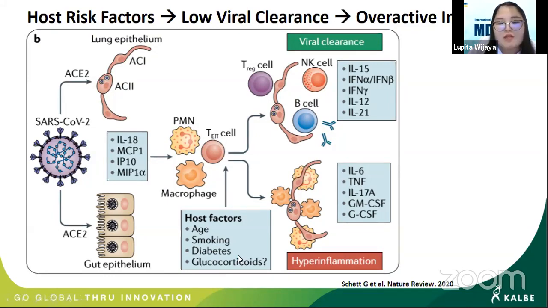And the last one is a patient who has a history of glucocorticoid use, which can make his or her immune system lower than normal people, and it will be a risk of an overactive immune or dysregulated immune response. Because of that, this kind of patient will get into the hyperinflammation process in their body.